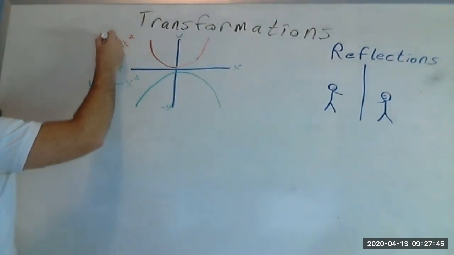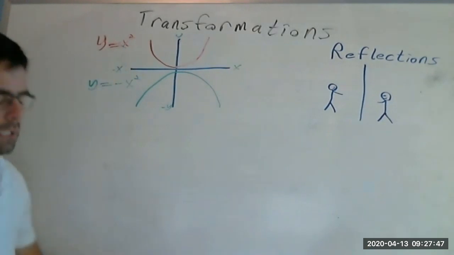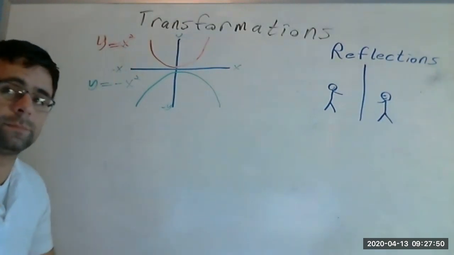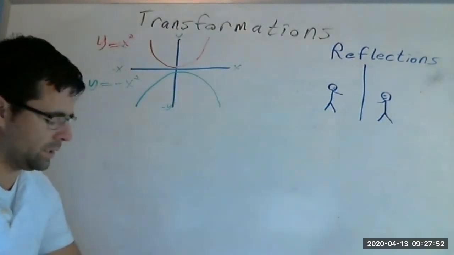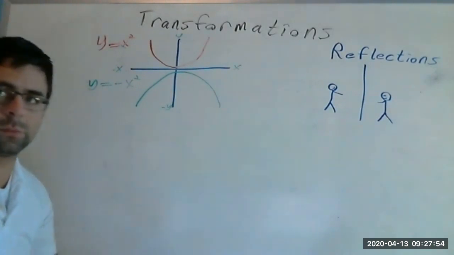This is what math is kind of all about, is taking something and generalizing it so that every time you try and do it, you have a simple process.